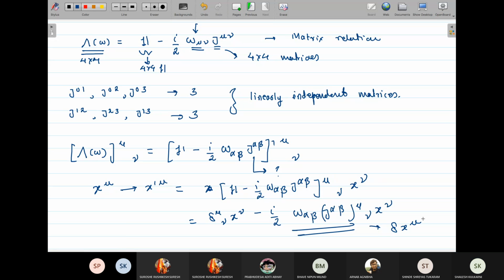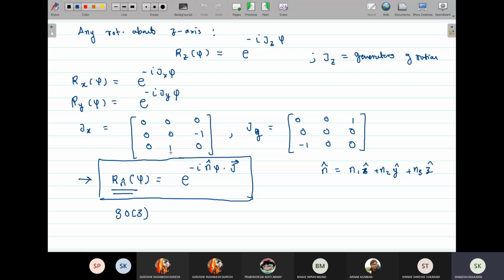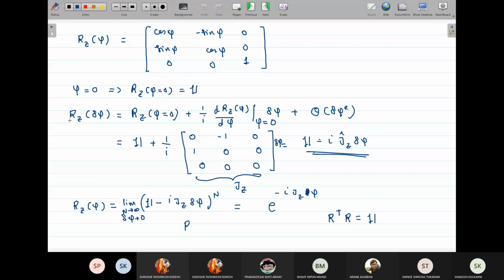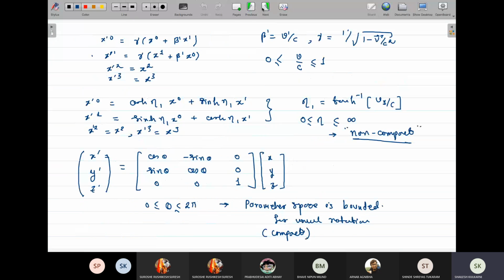Okay, clear? And now we have to give some representation to this. Like here in the rotation case, we know these matrices. And how do we know these matrices? Just by explicitly writing down the matrix form of R z phi and then differentiating and then constructing the Taylor series. Okay, same thing one can do here. One can start from these transformations. Suppose the boost along the x1 axis.